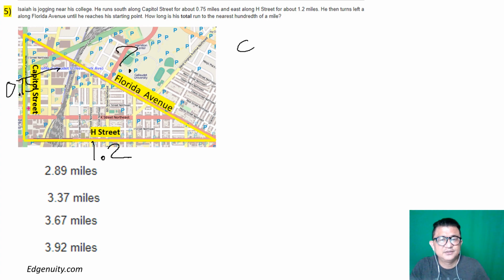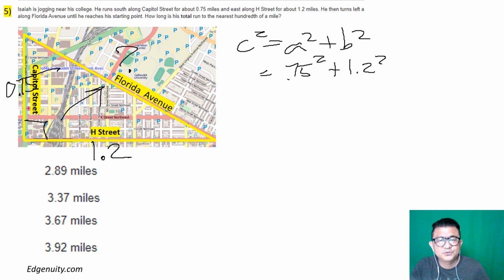Okay, let's write it down. C squared. Definitely that's the C. That's the one across the 90 degrees and the longest side. A squared plus B squared. That's going to be 0.75 squared plus 1.2 squared.